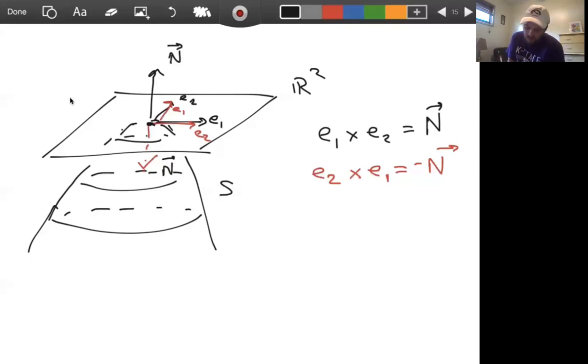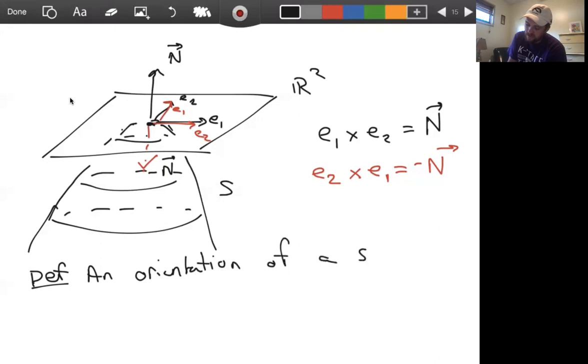So let's give a definition here. An orientation of a surface S is a choice. It's not canonical, right?